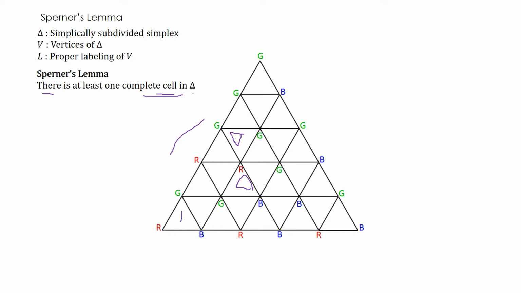Here's another one, and in fact there are quite a few of them here. But let's try to formally prove that there is at least one RGB triangle as long as the vertices are labeled and the labeling is proper. That's Sperner's lemma in 2 dimensions.